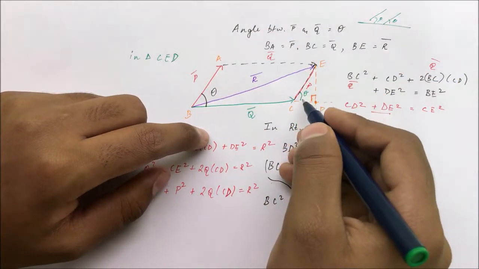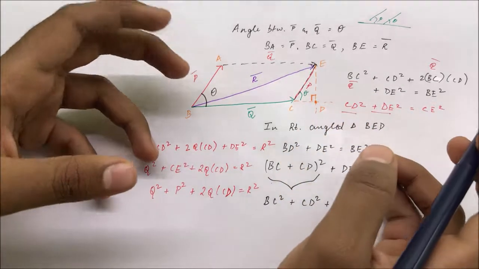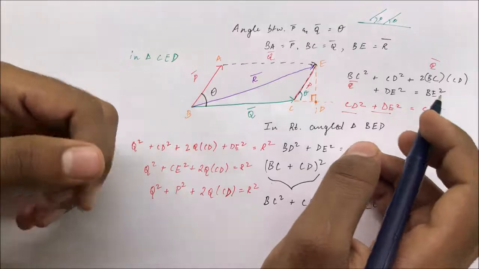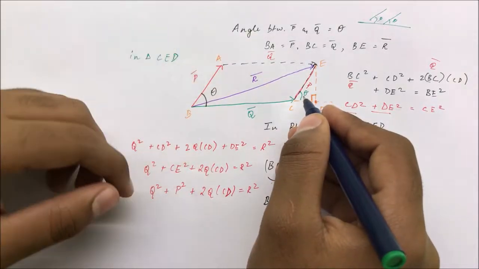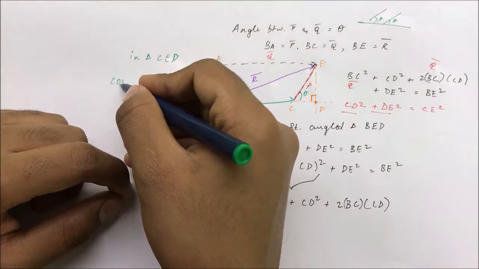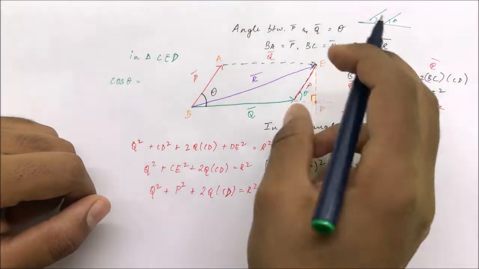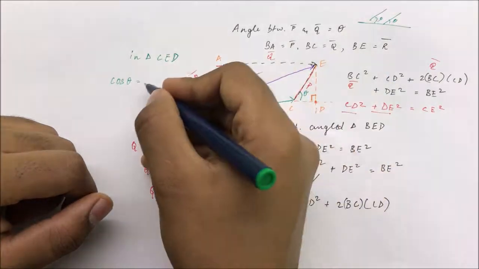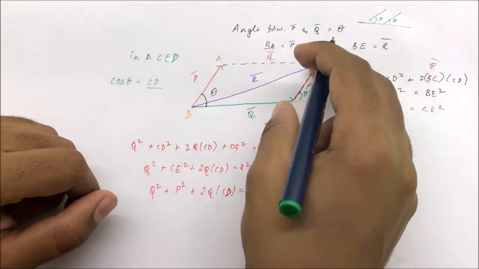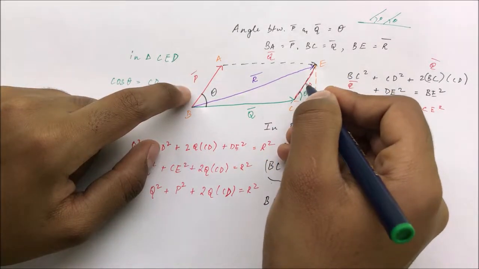If this also happens to be theta, you must be knowing, using Pythagoras theorem and other trigonometry that you learned in 10th standard, the values of cos theta and sin theta. So what will cos theta be over here? Cos theta is nothing but adjacent by hypotenuse. So adjacent is CD, hypotenuse is CE. Now CE is nothing but P bar.